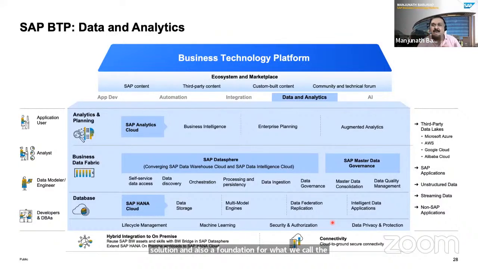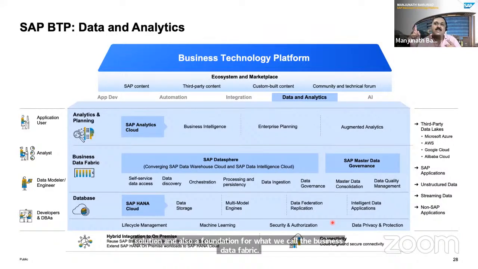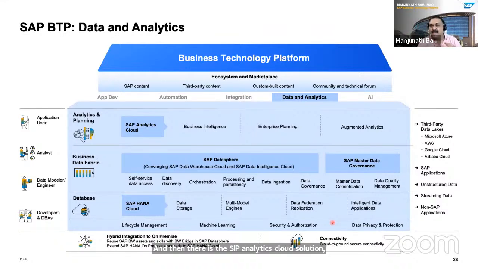And then there is the SAP Analytics Cloud solution, which is the BI, the analytical reporting, and the planning solution, right? Apart from that, there is also the master data governance solution, which is for master data exchange and putting in compliance and the data quality, data governance aspects on top of master data as well. So you will get more details when you deep dive into the data and analytics portfolio.